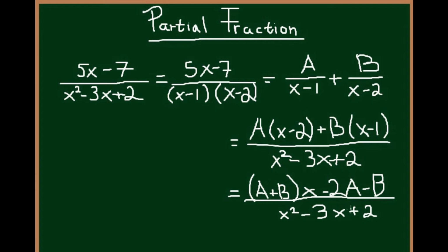Now we have to compare this polynomial with the original polynomial. So we can conclude that 5 is equal to a plus b, and minus 7 is equal to minus 2a minus b.